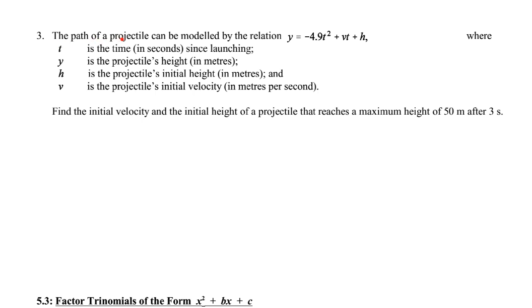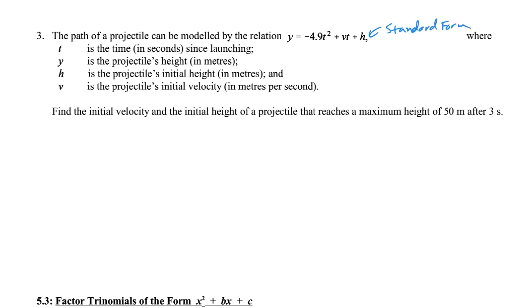it says, the path of a projectile can be modeled by the relation y is equal to negative 4.9 t squared plus vt plus h, right? Now, the first thing I want you to recognize is that this is in standard form for our quadratic.